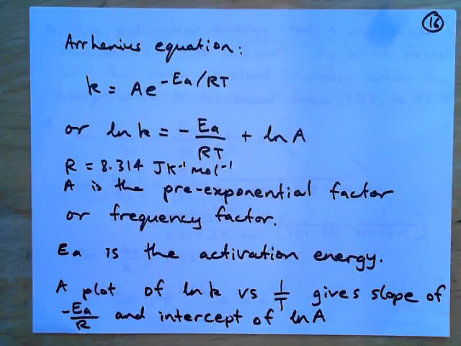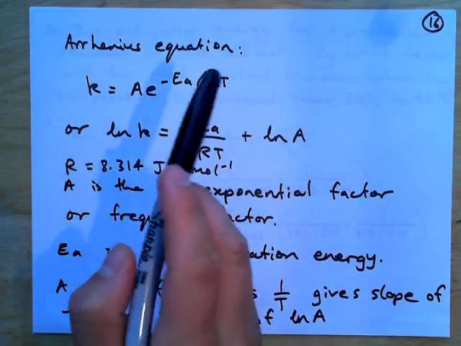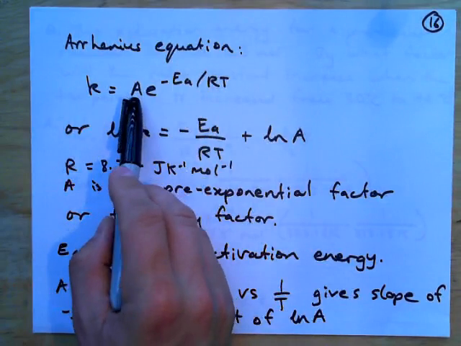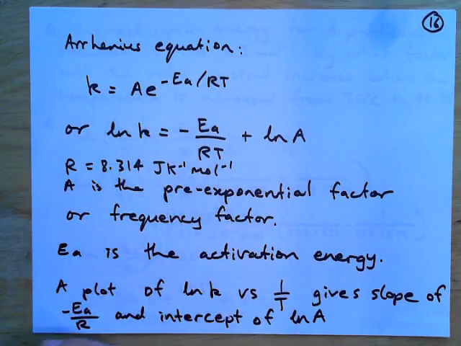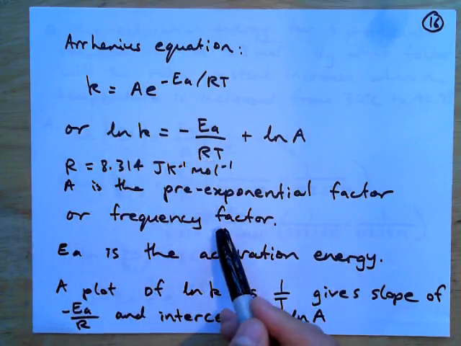It was discovered some time ago that the rate of reactions, in particular the rate constant, is dependent on temperature. Okay, so here we have A. Now this A is completely different from what we've been discussing before as A, a representation for the species. This A is the pre-exponential factor or frequency factor.